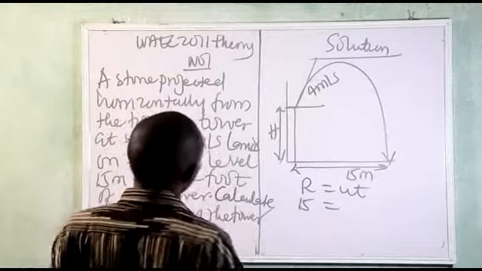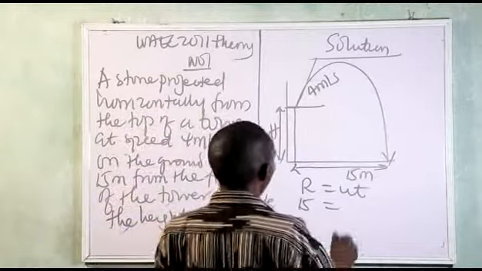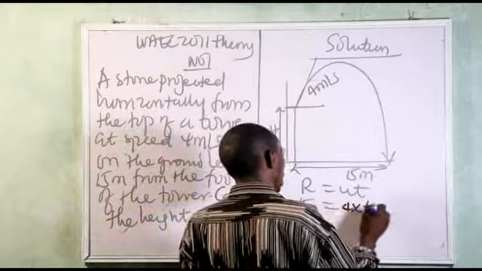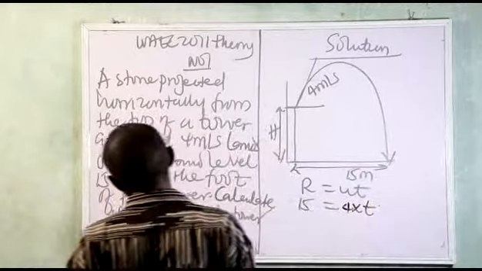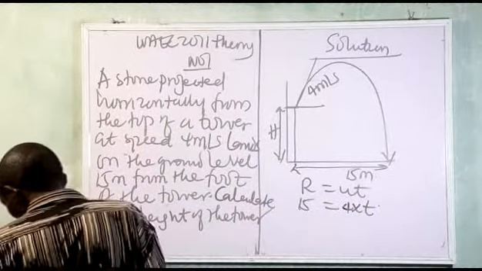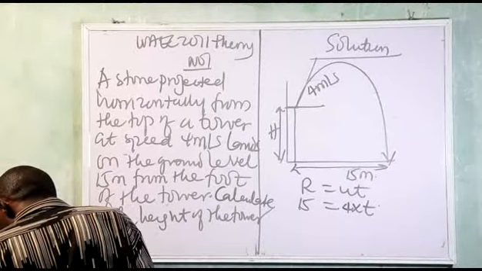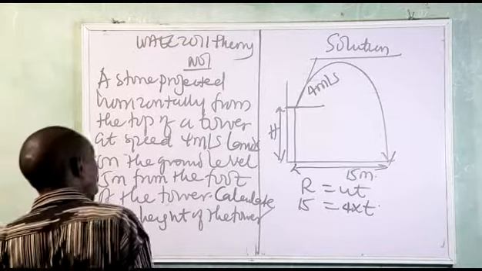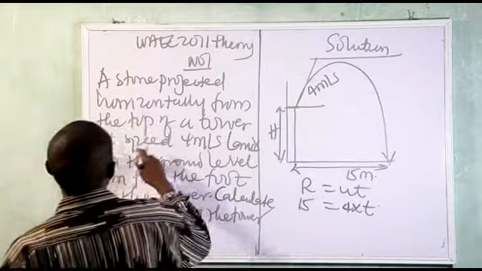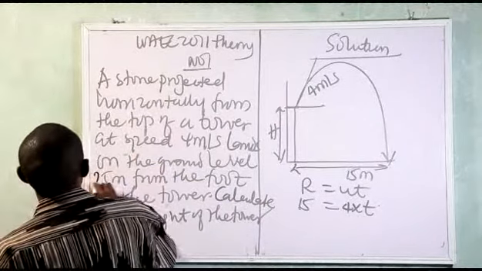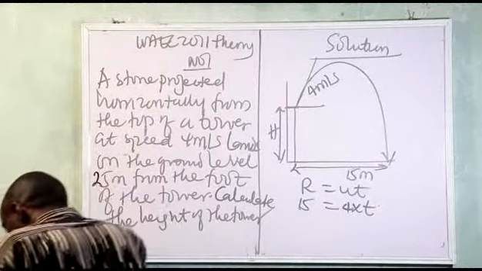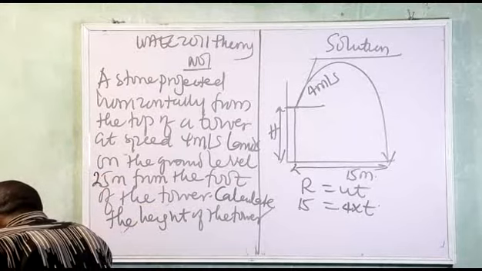Yes, this is the speed, our U is 4. Our time, I don't know. I want to be sure. Projected at 4 meters per second, horizontal distance of 25. It's 25, not 15, meters from the tower.